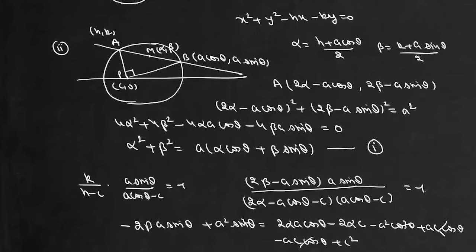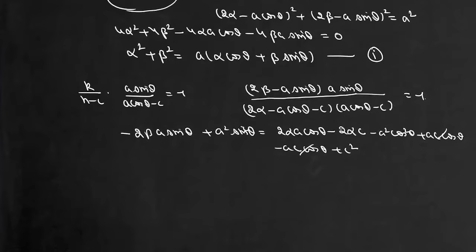Now AC cos theta will cancel, and cos square theta plus sin square theta will be 1.